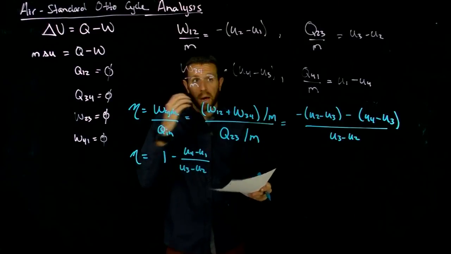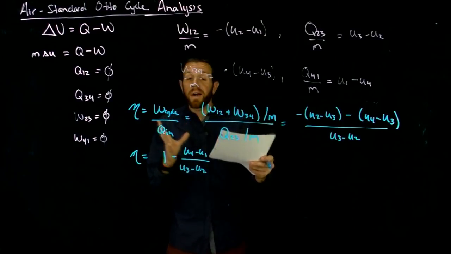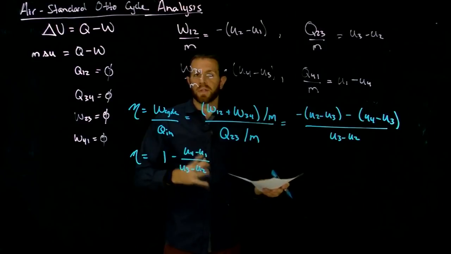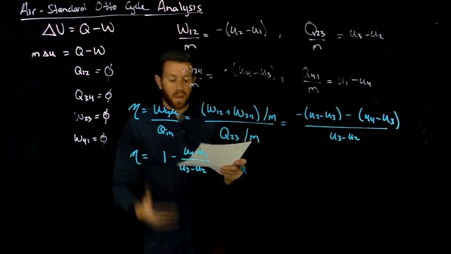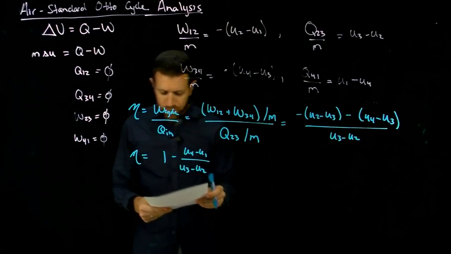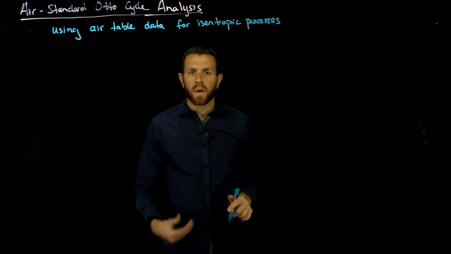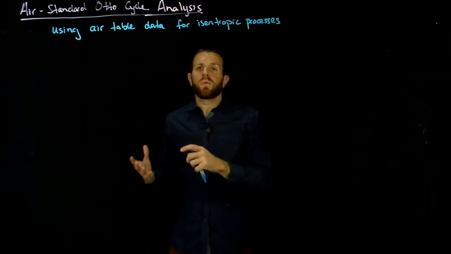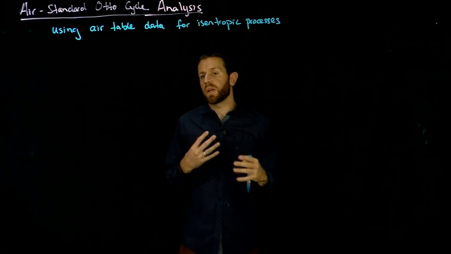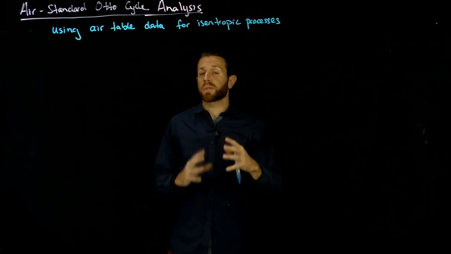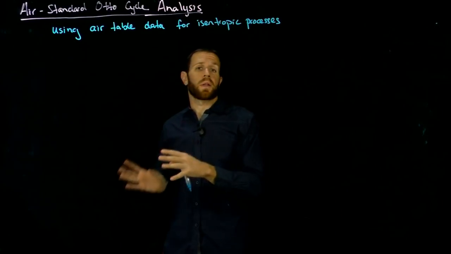Okay, so again, I'm really relying on defining each state and defining the internal energy of each state to calculate the various values for heat, work, and ultimately efficiency. Because I have two isentropic processes in this cycle, that gives me the opportunity to use some isentropic process relations to do the cycle analysis.